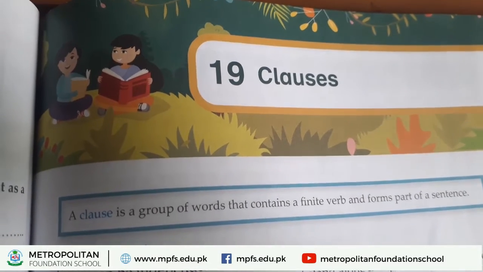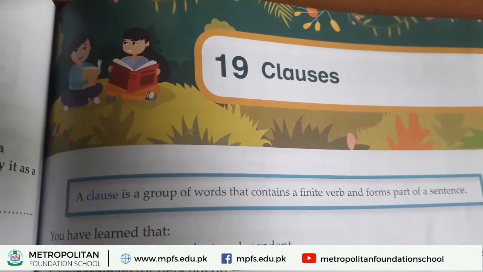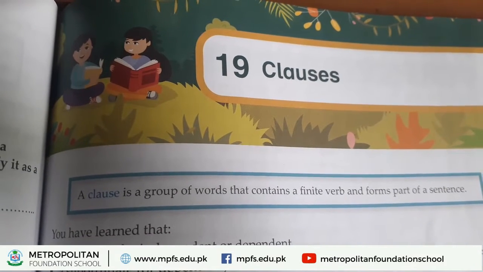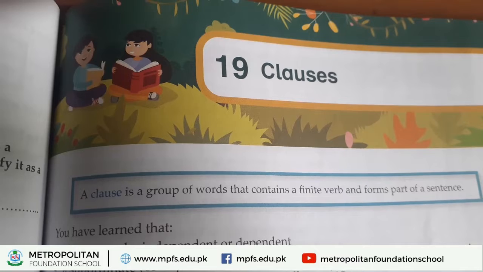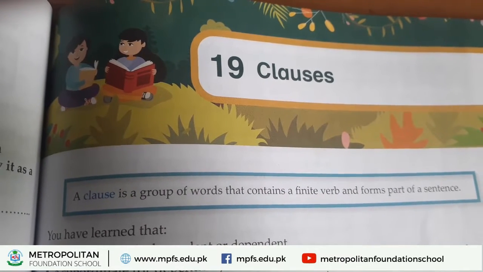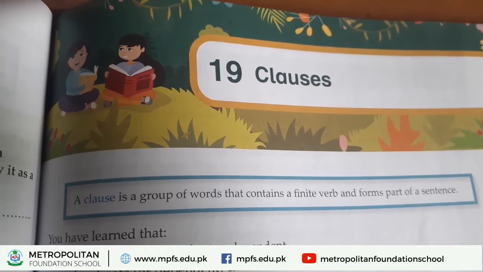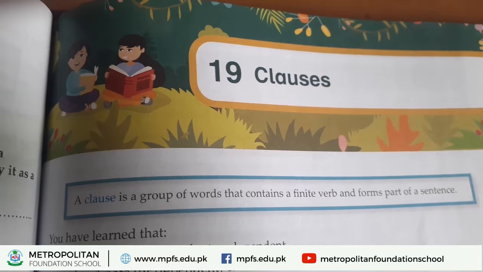Unit 19, clauses. So students, in this unit we learned about clauses. What is the definition of a clause? A clause is a group of words that contains a finite verb and forms part of a sentence.